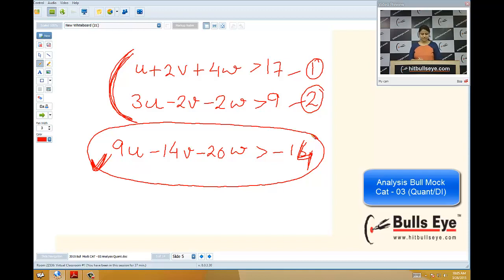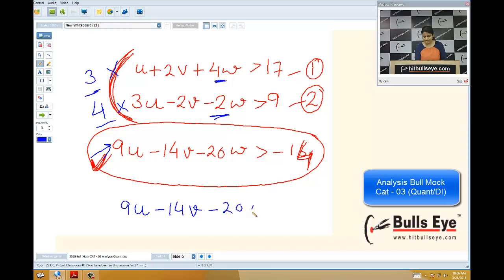But if we club these two statements, I need this combination. If we multiply this by 3 and this by 4 and subtract the first from the second, I am getting 9u minus 14v minus 20w.